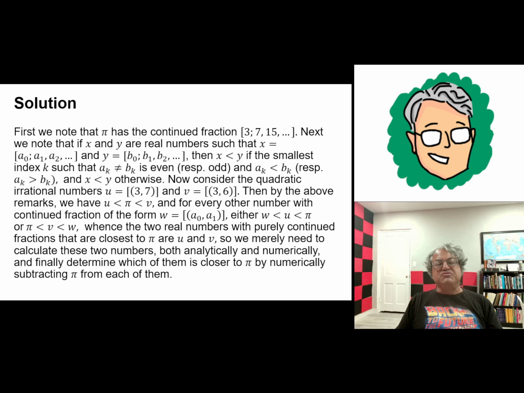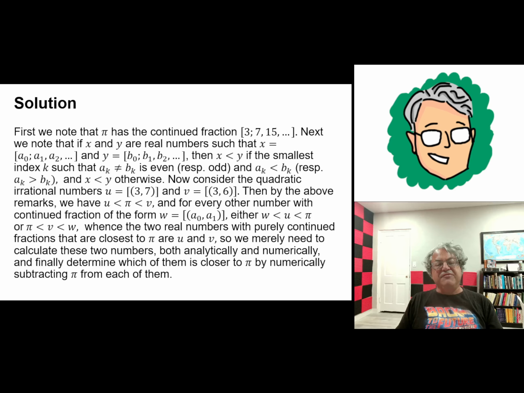Notice that the first place in which that differs from pi is in a2, and for pi it's 15. Since that has an even index, the continued fraction of pi is greater. Pi is greater than this thing I'm calling u. But what about v? v is the one with 3, 6 repeating.